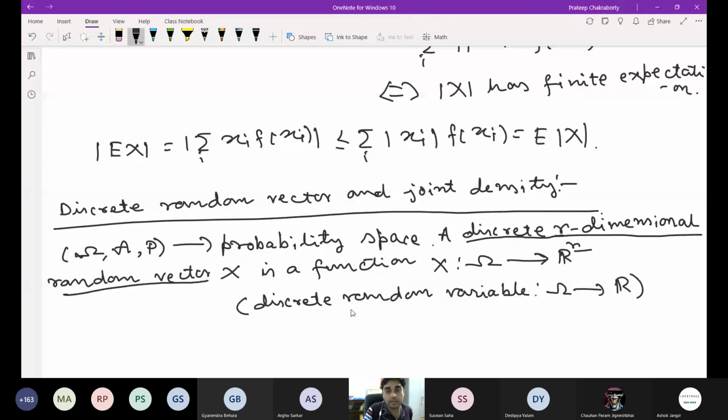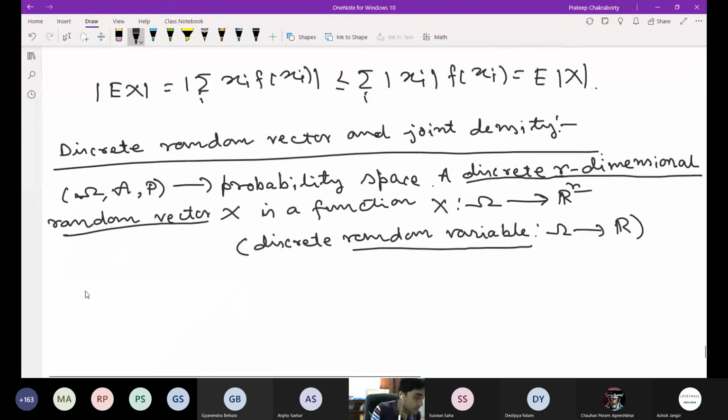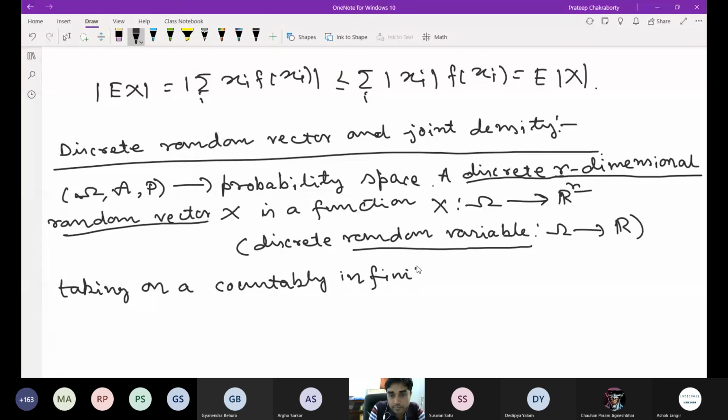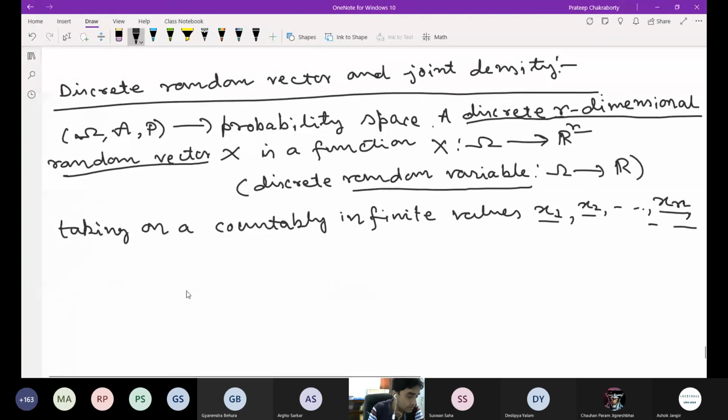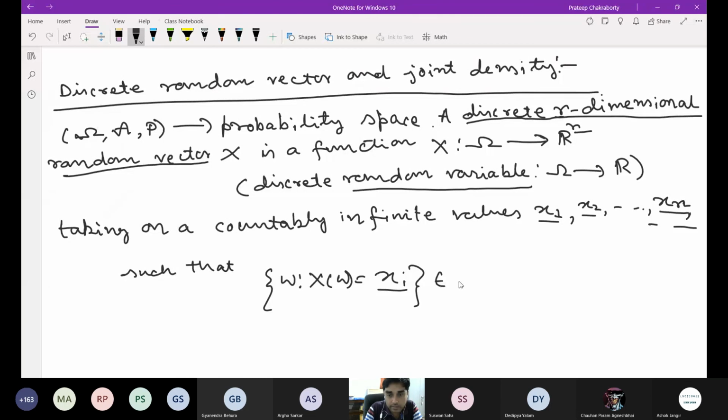Again, it will take either finite or countably infinite values, which are elements of R power r, such that the set where X of omega equals x_i is an event.